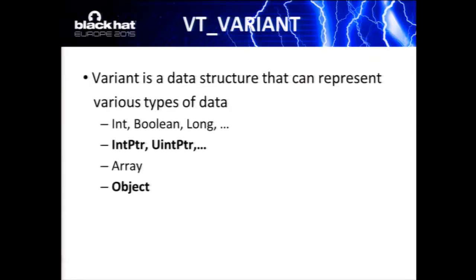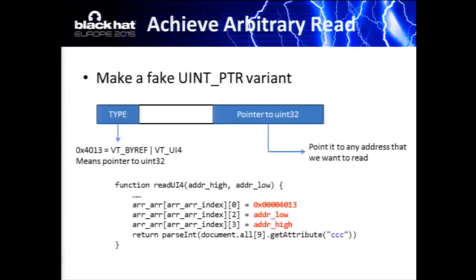So you can see some interesting types, such as int pointer, uint pointer, or object. Here we use the uint pointer as our target. We set the type of the fake variant to uint pointer type, and set the value field to an address where we want to read.